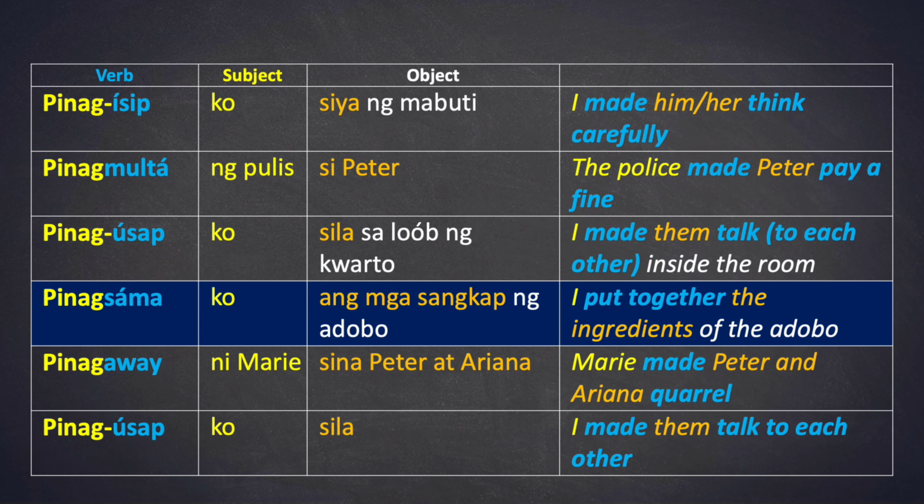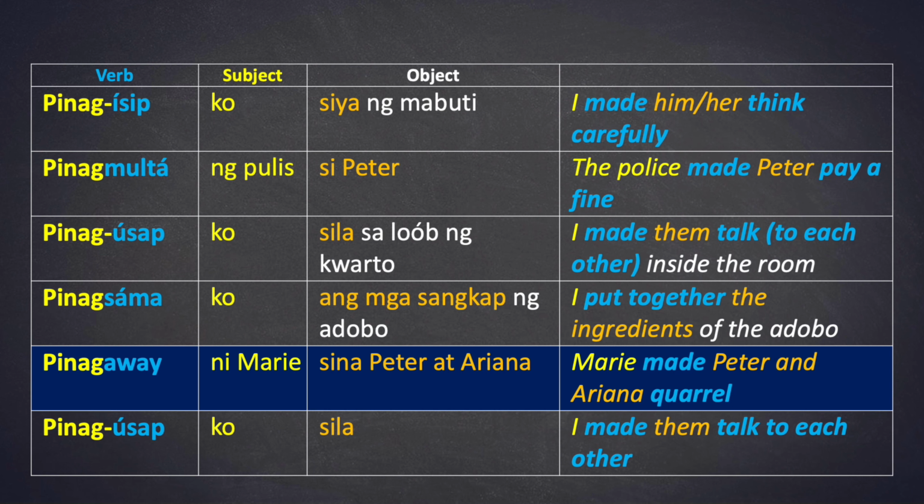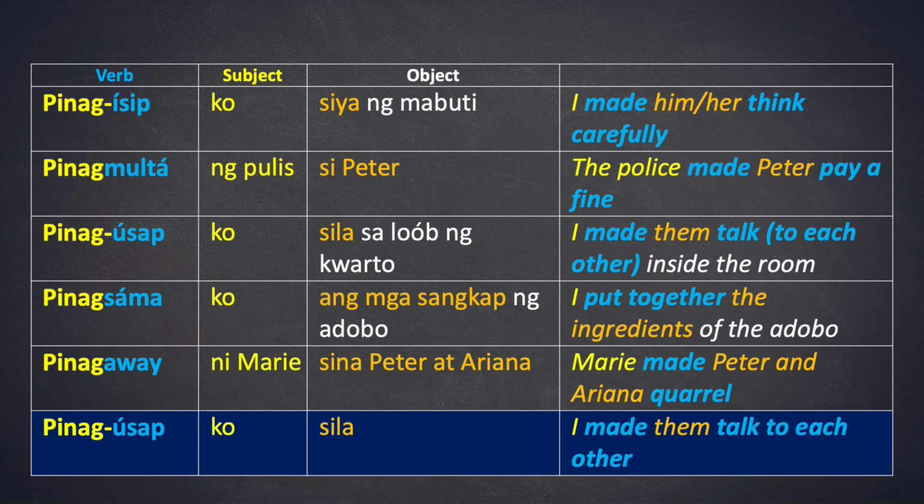Pinagsama ko ang mga sangkap ng adobo. I put together the ingredients of the adobo. Pinag-away ni Marie sina Peter at Ariana. Marie made Peter and Ariana quarrel. Pinag-usap ko sila. I made them talk to each other.